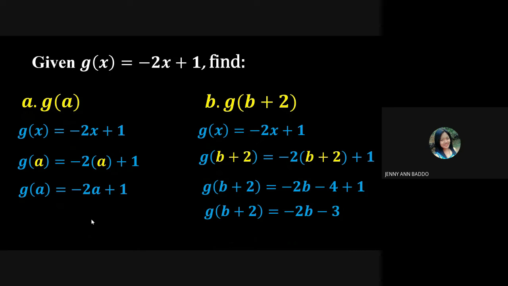Combining like terms, we have negative 2b, then negative 4 plus 1, that is negative 3. Therefore, g of b plus 2 is equal to negative 2b minus 3. So that is how to evaluate linear functions.